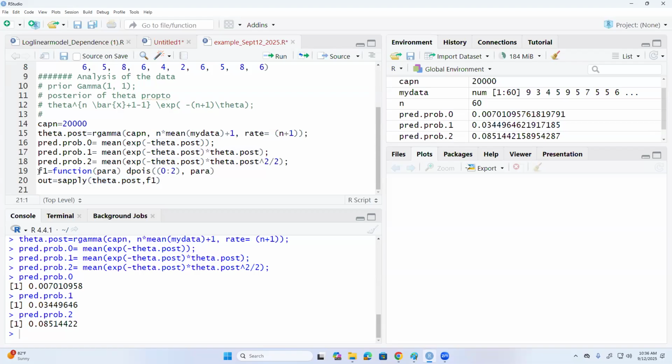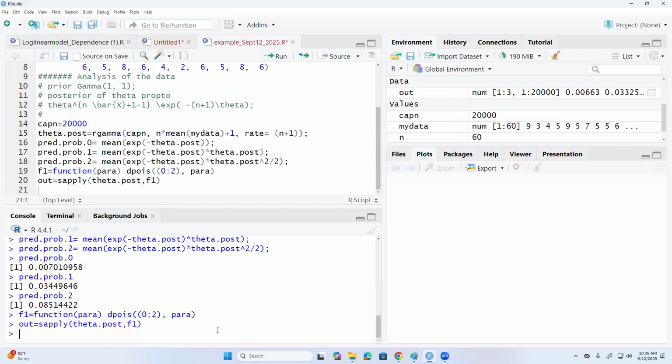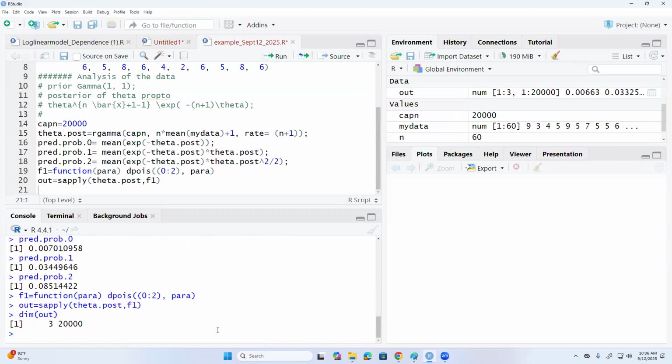So first I do this, then calculate this, and now check what is the dimension of this out function. It is because I calculated this probability for 0, 1, 2, 3 different R, but it was evaluated at every posterior sample, all 20,000 samples. Therefore, it is giving me a matrix of dimension 3 by 20,000. But I want the average of all 20,000 samples.